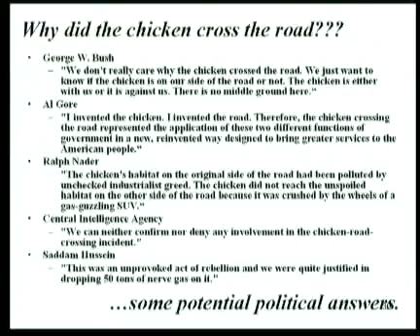They say, we can neither confirm nor deny any involvement in the chicken road crossing incident. What would Saddam Hussein have said? He might have said this was an unprovoked act of rebellion, and we were quite justified in dropping 50 tons of nerve gas on it, the chicken. So those are potential political answers to that question about why the chicken crossed the road. But not everything is political in nature, so I want to share just a few more possible answers with you. Well, let's see.